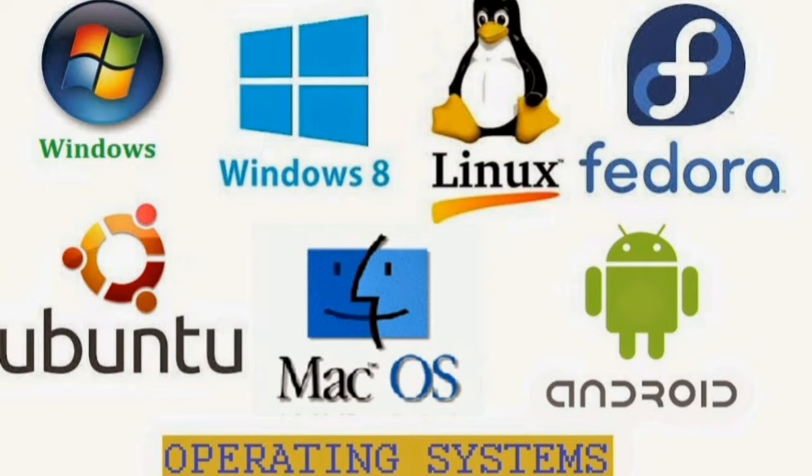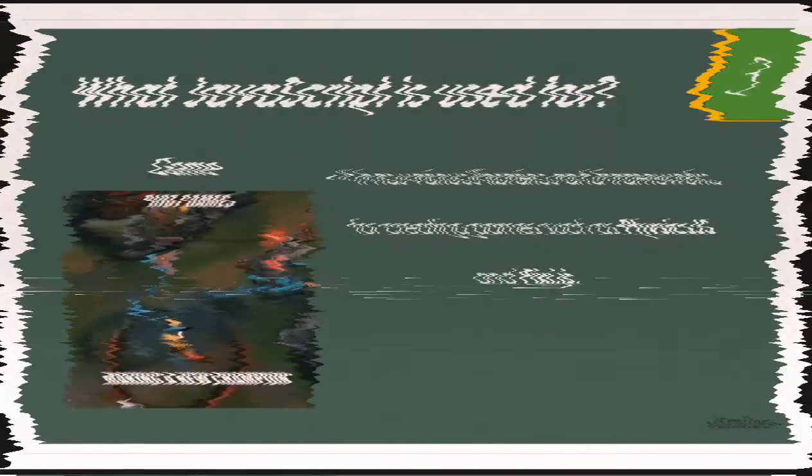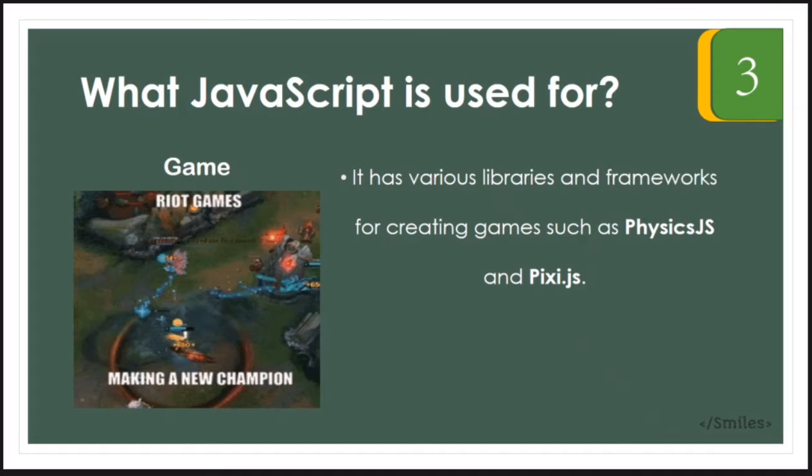It's so powerful. The next thing JavaScript can do for us is gaming. Yes, JavaScript can also be used for creating games. It has various libraries and frameworks for creating games. The game can be either 2D or 3D.